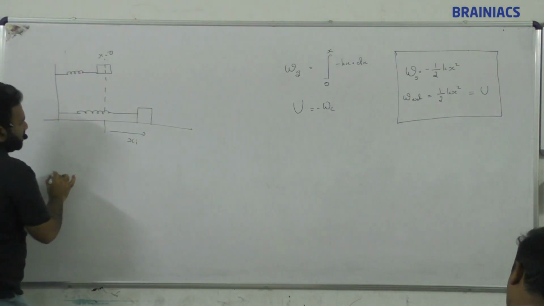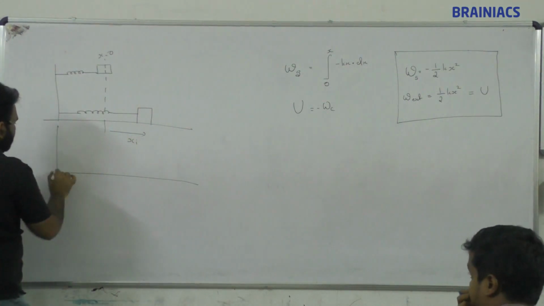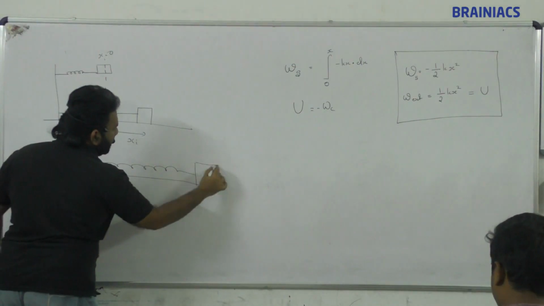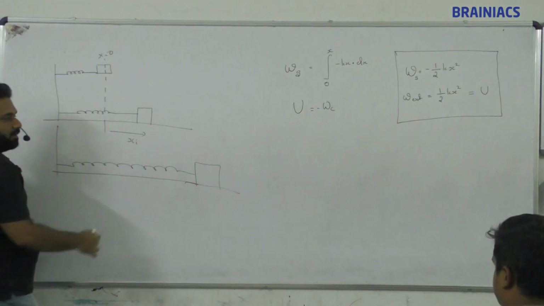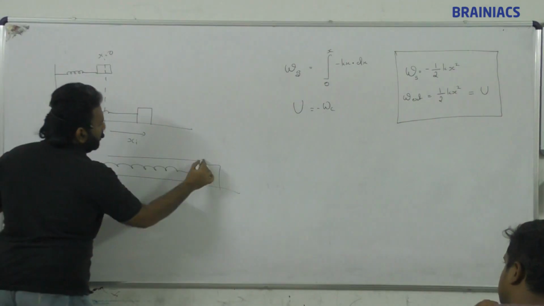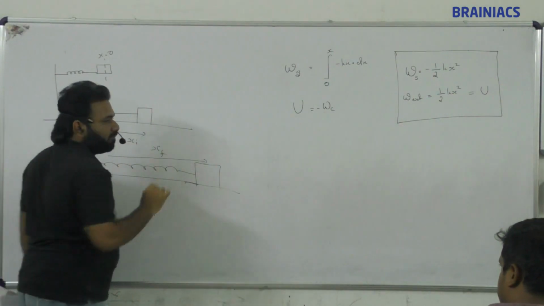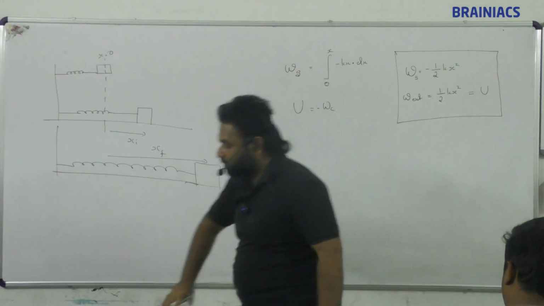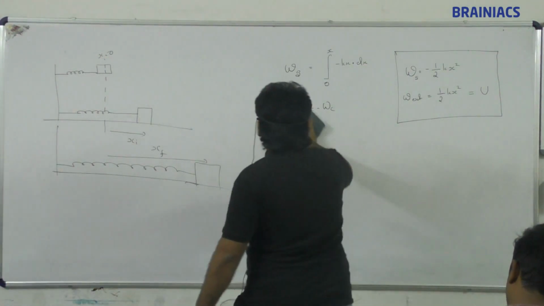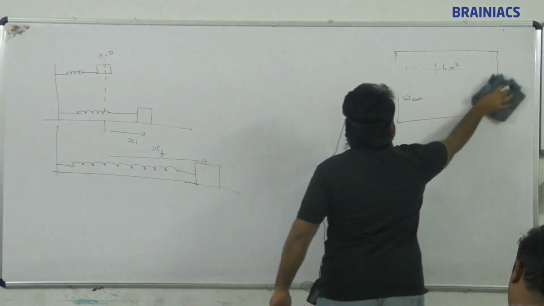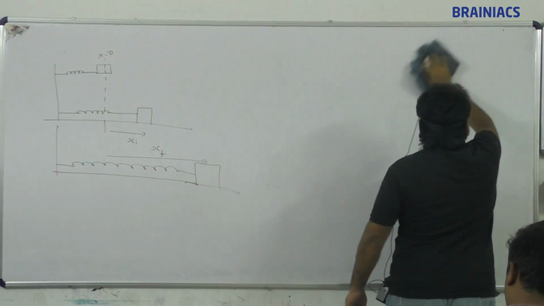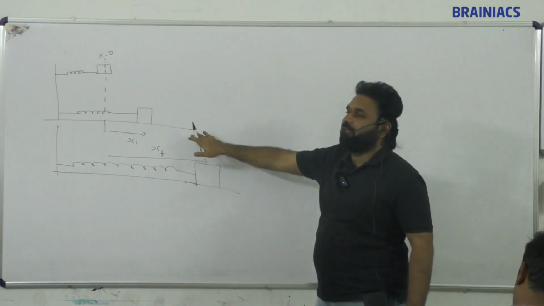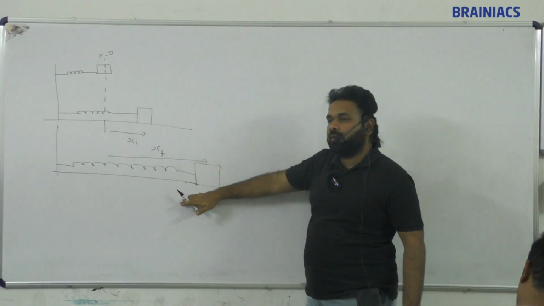Suppose further we are extending to a further distance and this distance is going to be xf. Then work done by spring force. Understood or what? We go from an initial elongation to a final elongation. Already an elongation is there, and this is another elongation.